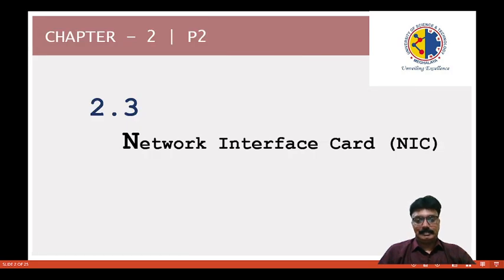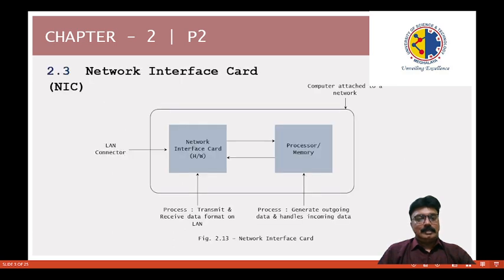Network interface card. In this diagram, we can have a look at this device.